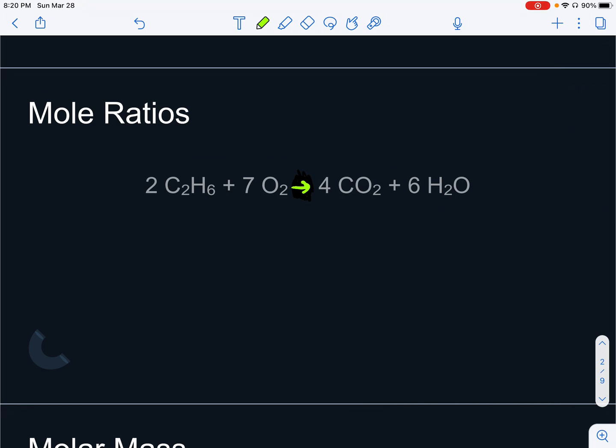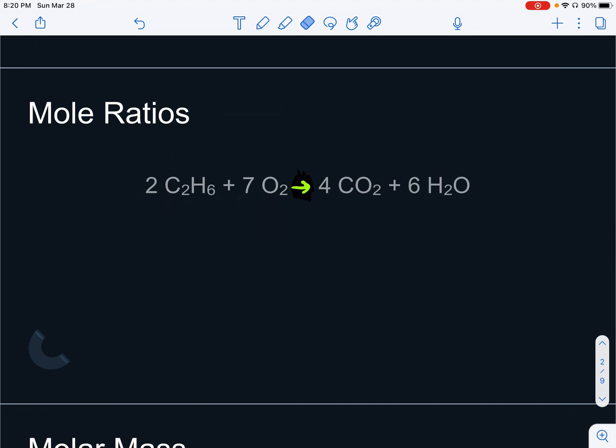The extra layer that we use the coefficients for is to talk about relative amounts of substances. So at the molecular level, for every 2 molecules of ethane that you have, you're going to need 7 molecules of oxygen gas in order for it to react.